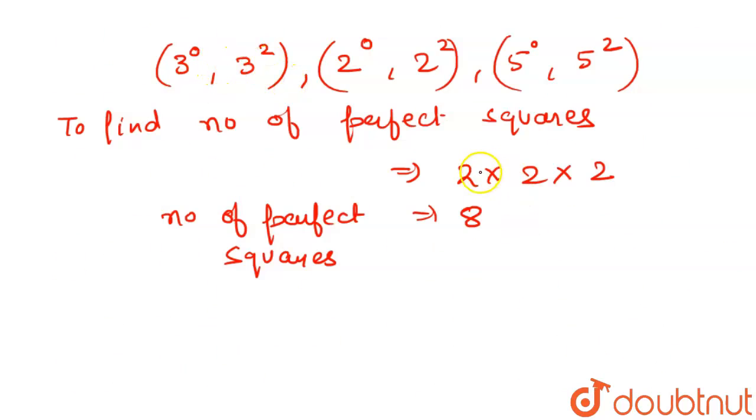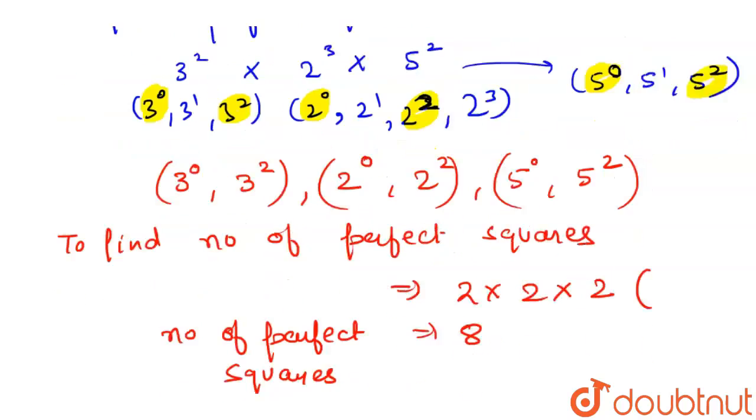That is why we have not added 1 here, because 1 number is missing. In all the 3 terms, 1 number is missing, that is for the power of 1. So that is why we have just multiplied all the numbers to each other. There are 2 terms, so 2 terms into 2 terms into 2 terms. Always remember that these are the number of terms inside the possibilities of the powers, right?